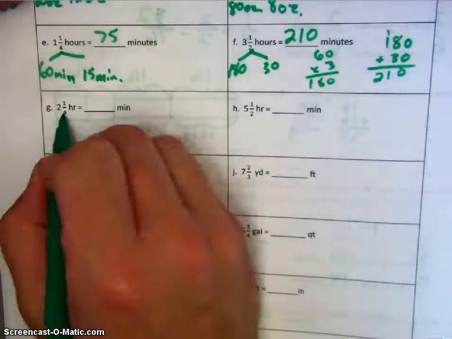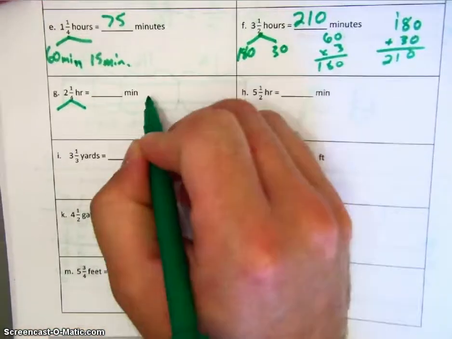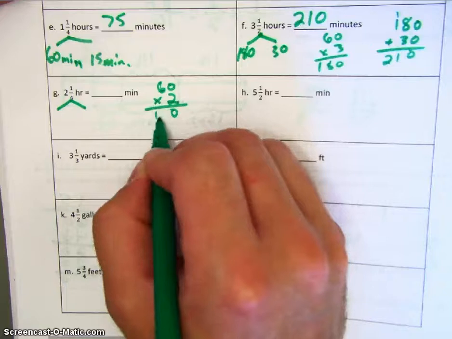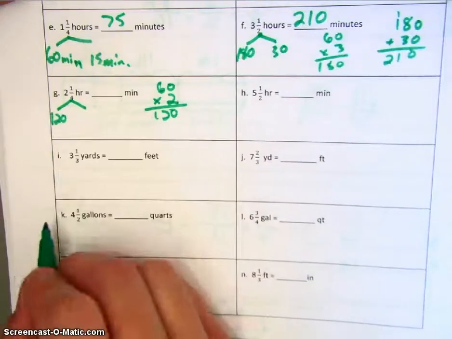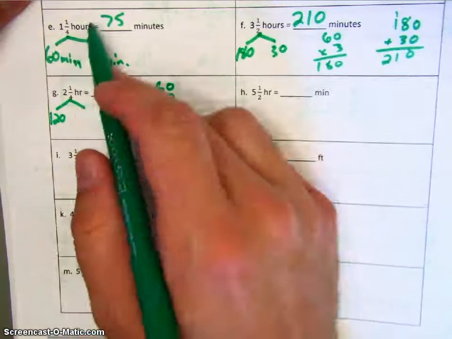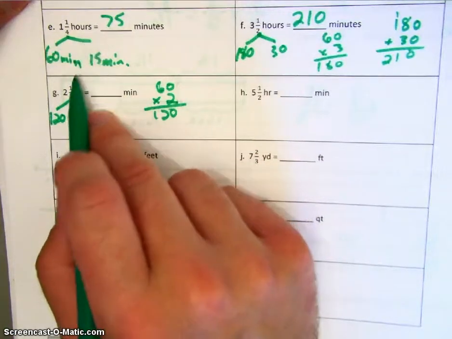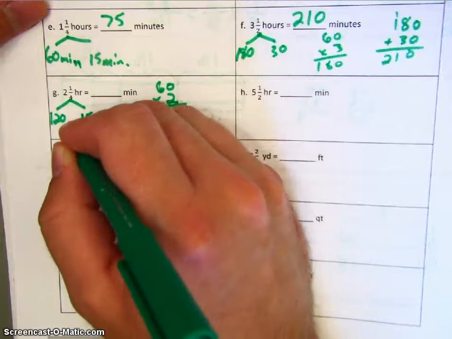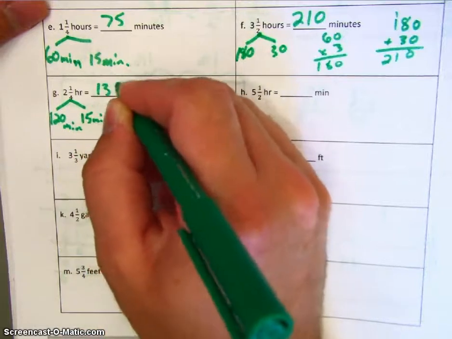Okay. So now 2 1/4 hours. Okay. So 60 times 2 gets us 120 minutes from our 2 hours. 1/4 of an hour, like we set up above in letter E, is 15 minutes. So we add those up, and we get 135 minutes.